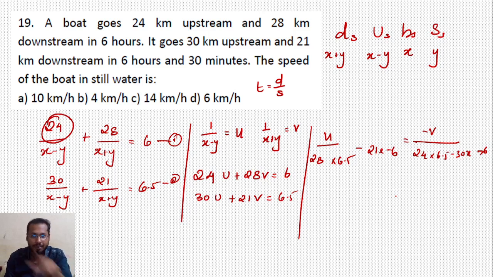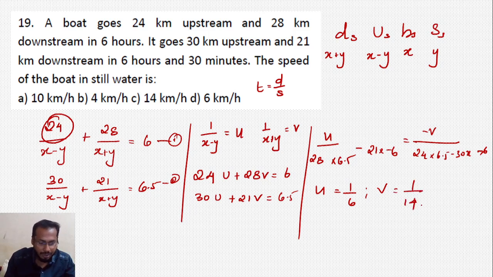Just cross multiply both. Please slowly cross multiply it. I directly write the answer: you can get u as 1 by 6 and v as 1 by 14. Now just substitute these and you will get the answer.